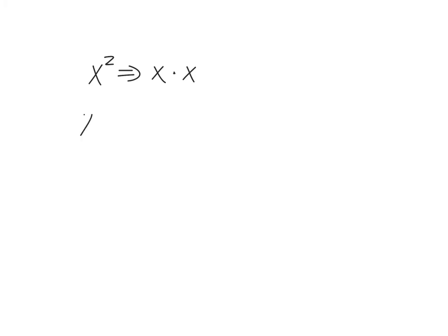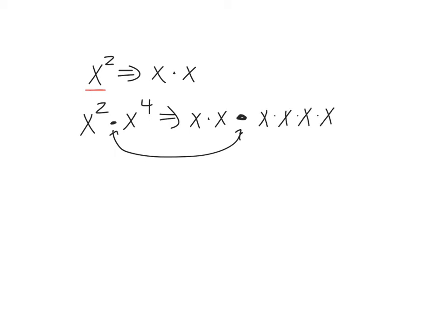So when you multiply things with exponents and like bases, and x is the base, if I have x to the second times x to the fourth, and I expand that, expansion notation means x times x, and then times x times x times x times x. I have 4 of them. Well, how many do I have total? 1, 2, 3, 4, 5, 6. So that is x to the 6th.